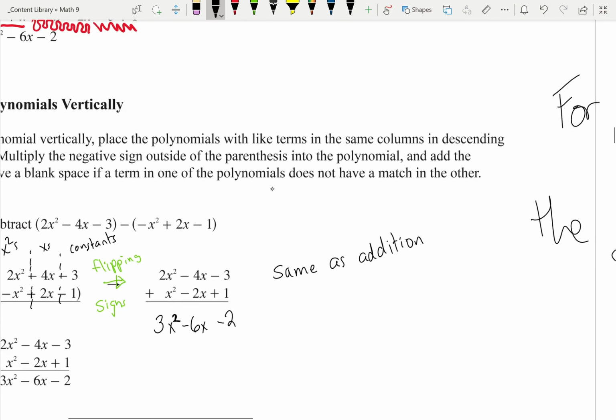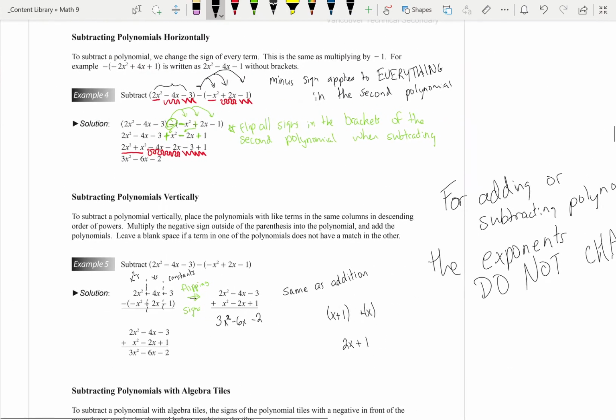Even if I had something like x plus 1 plus x, I'm not adding the powers. This is going to give me 2x plus 1. There's now 2 of whatever x is. If it's, say, like boxes of candy or Halloween costumes, there's now 2 of them. So keep that in mind.